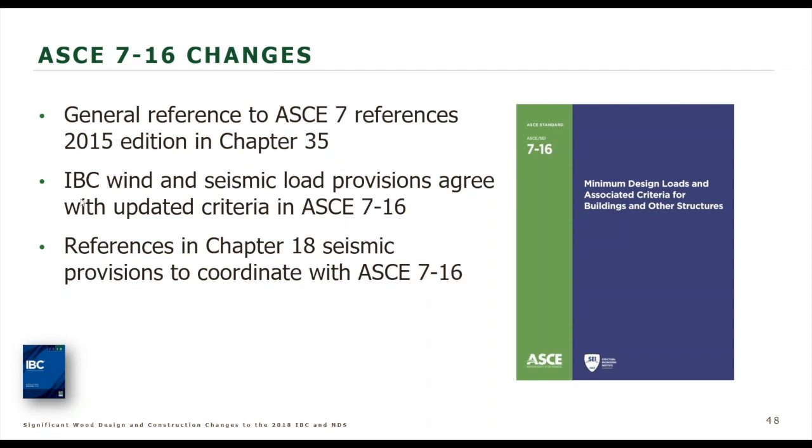That is consistent with what is in the IBC. And then there are references for specific seismic provisions that are coordinated within the IBC and Chapter 18 and related to ASCE 7-16. So the references are the same.